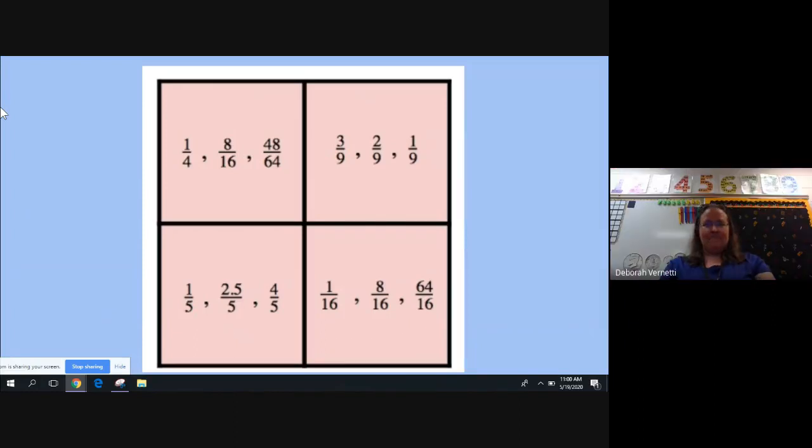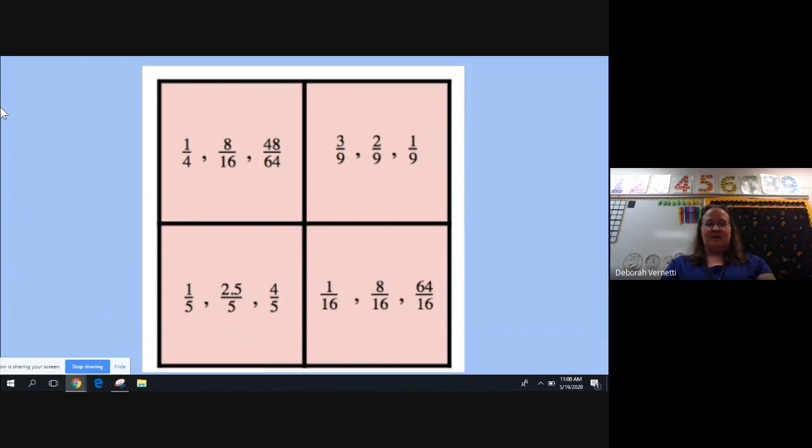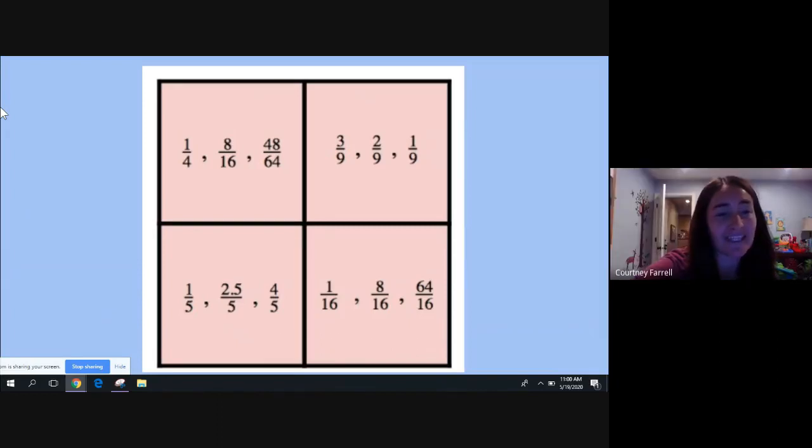I actually have a Which One Doesn't Belong. Good, tell me right away, that's awesome. Okay, the first one I realized does not belong because it's the only set of fractions that have different denominators.